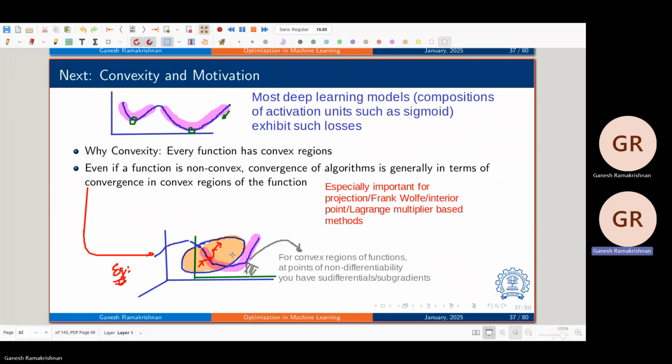Okay, and the projection also implicitly assumes that the region to which you're projecting is a convex set. So you can imagine what convex sets are, right? Take any two points in the set, and the line segment joining those two points should be within the set. So projections are very naturally exploiting convexity properties even in the set space.